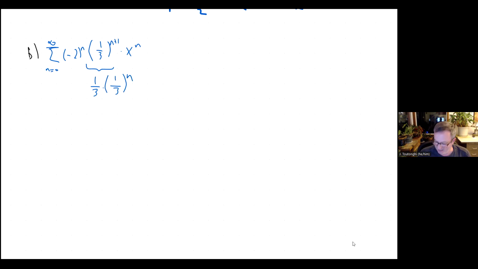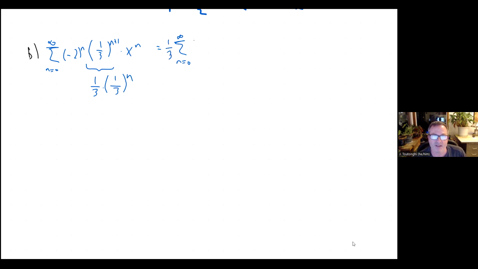So I'm going to rewrite what's inside the sum. The sum from n equals 0 to infinity. I'm going to pull this 1/3. Really, I can pull it all the way to the front because it's a constant. It's multiplying all the terms, so it's not depending on n.